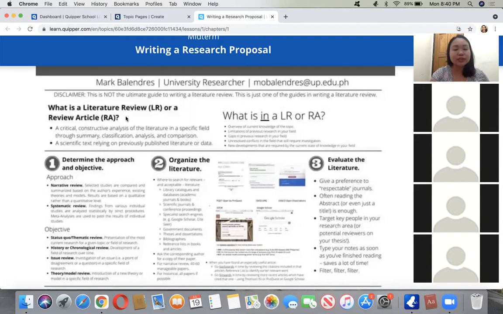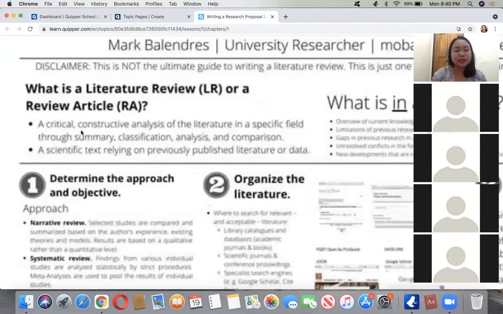So what is a literature review? Is it the same as a review article? When we say literature review, it's a critical, constructive analysis of the literature in a specific field through summary, classification, analysis, and comparison.